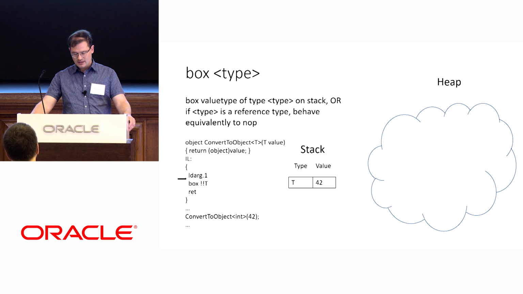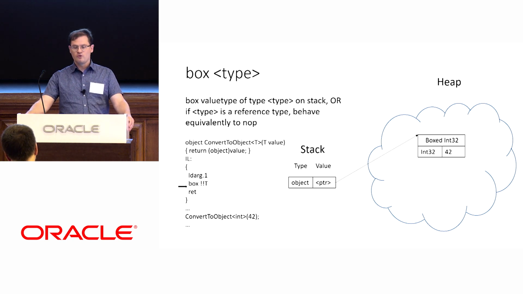At this point, you can see that we have loaded arg1 onto the stack, and on the stack we have a value of type T and the value 42. There's nothing on the GC heap. Move on to the next instruction. After executing the box, the stack will now have type object, and there'll be an object reference to an object on the heap, which is a boxed Int32 holding a 42 in it.